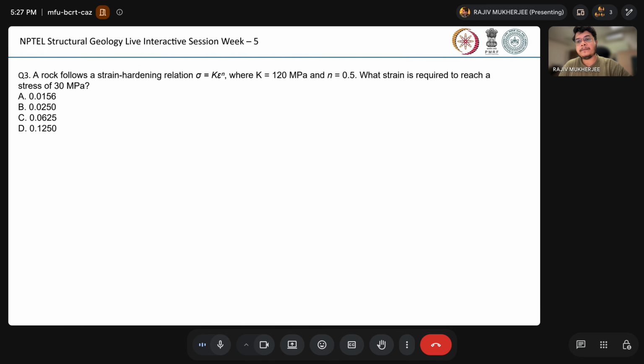One can be a strain hardening response from the material, one can be a strain softening response, and the other is the ideal plastic response of a material. Whether the material is strain hardening or strain softening depends on the response in the stress strain curve.